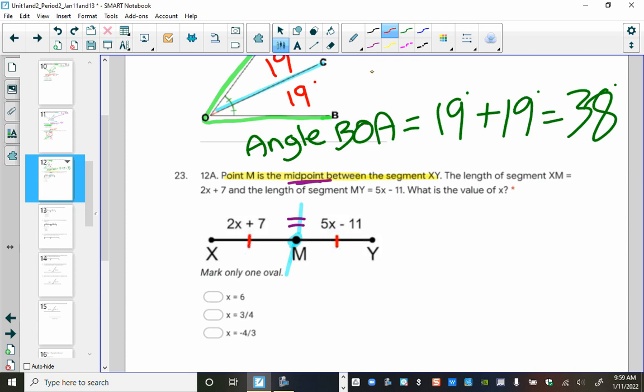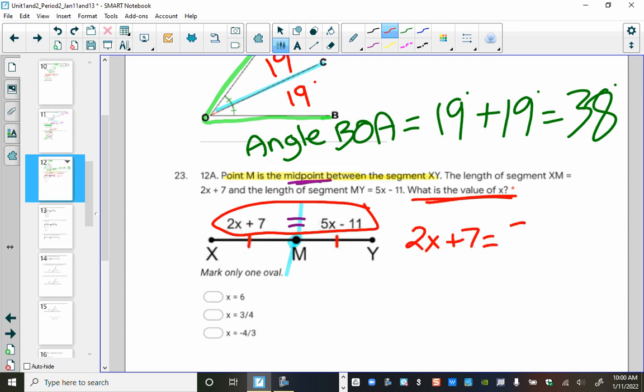Now, are we at a point where we can solve for our variable x? Can we solve for x at this point? We said the two sides were equal, so we can solve for x. Because here's your equation right here. 2x plus 7, 5x minus 11.